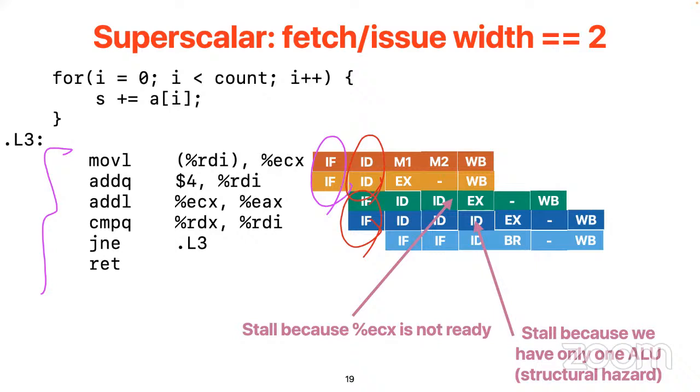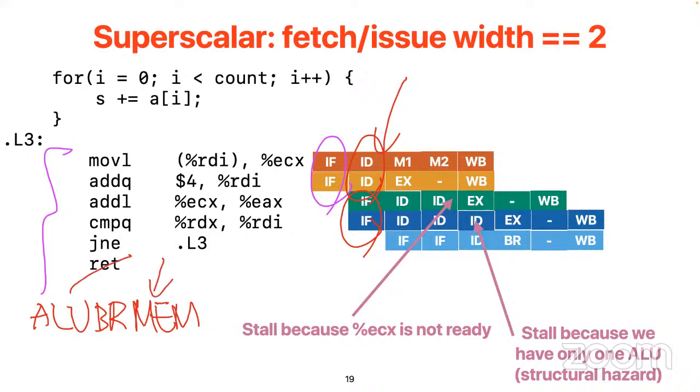And in the third cycle, which is the time that I can issue instructions, remember our processor has an ALU, a branch unit, and a memory unit, right? So the memory unit is free, the ALU is free, and we are able to fetch and issue 2 instructions at the same time.